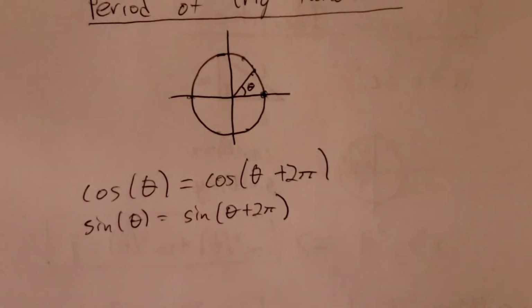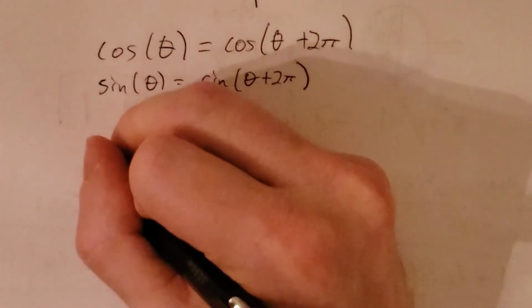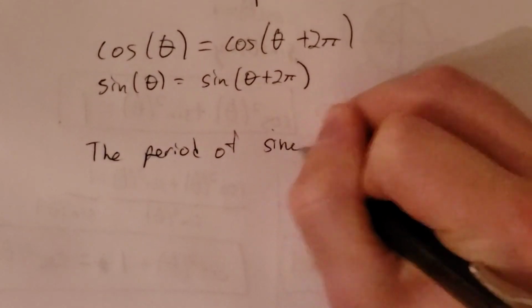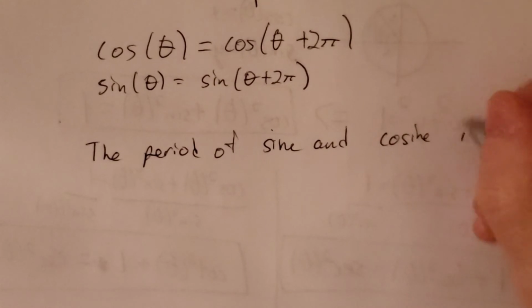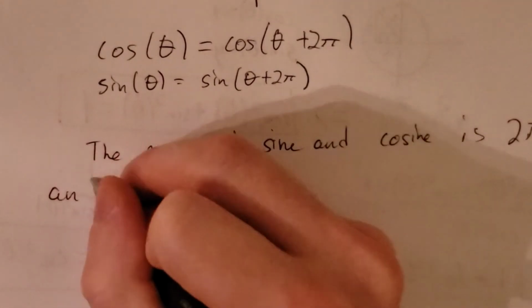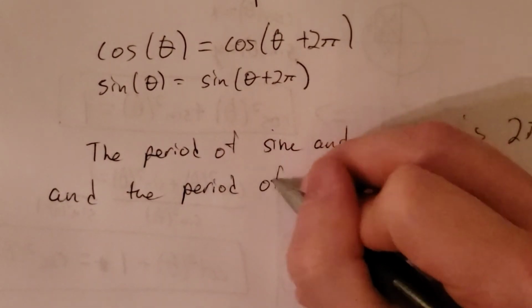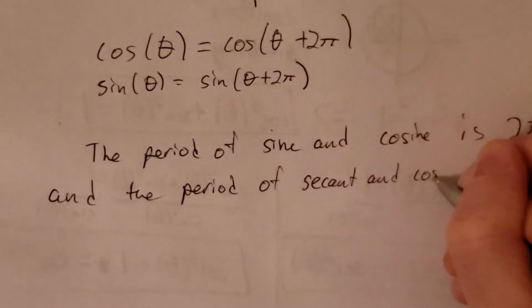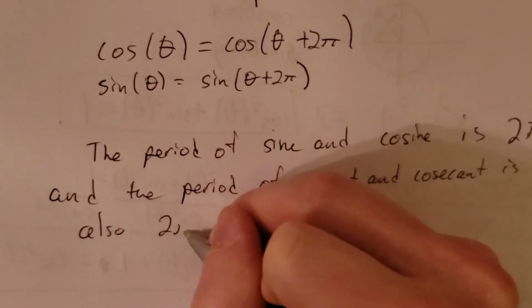And similarly for cosine. So what does this mean? The period of sine and cosine is 2 pi, and the period of secant and cosecant is also 2 pi.